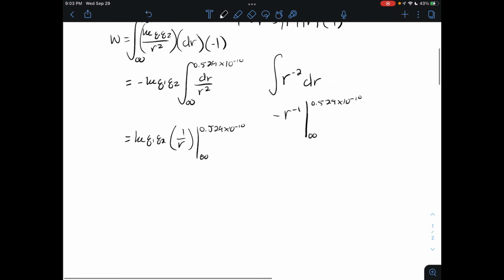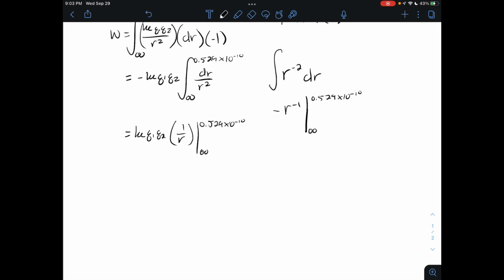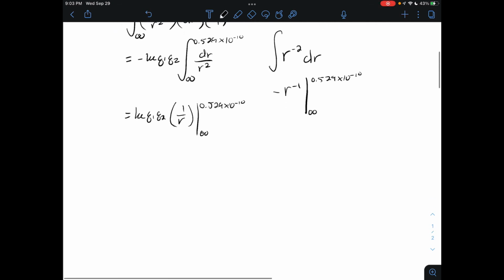That's a long number. But now we can take the limit as it approaches infinity instead of just plugging it in, because infinity is not a number that you can just plug in.